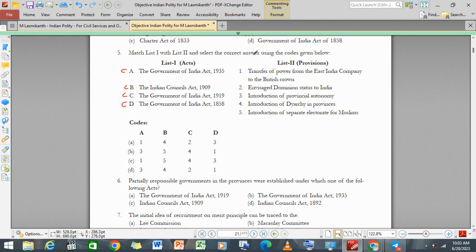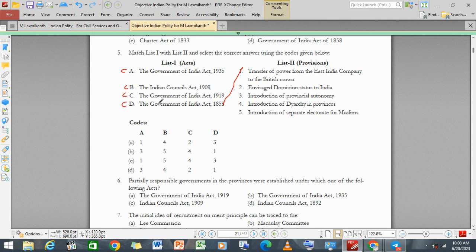D1 is first. Definitely D1 is first, right? D has to be first, no? Transfer of power from East India Company to the British Crown. I believe yes. D is first, definitely first. So D is going to be the first one.